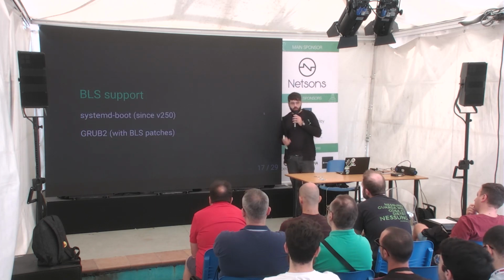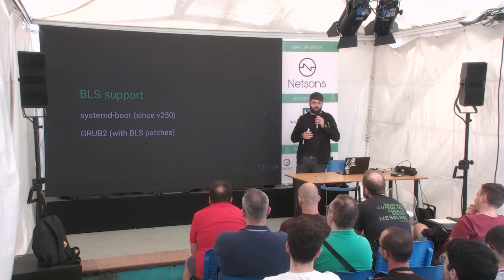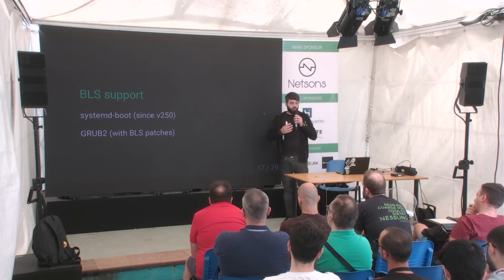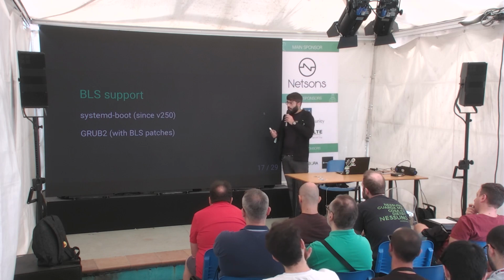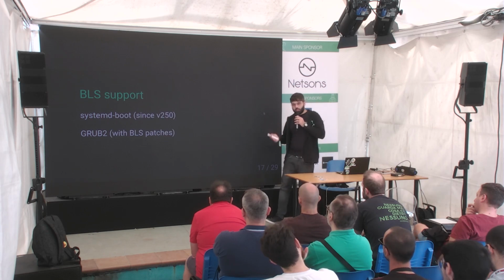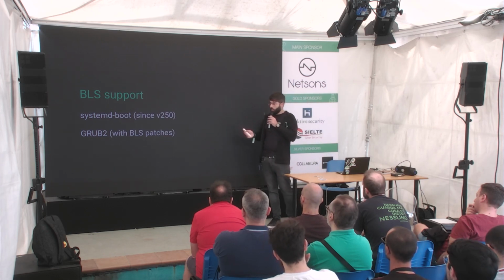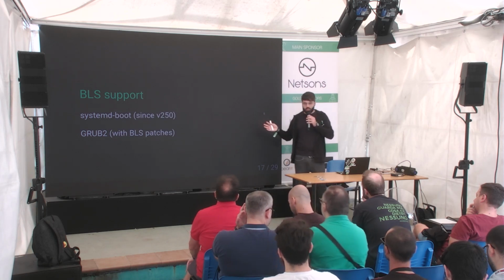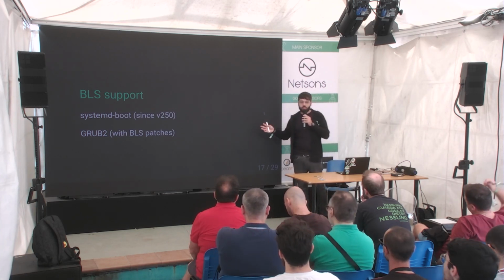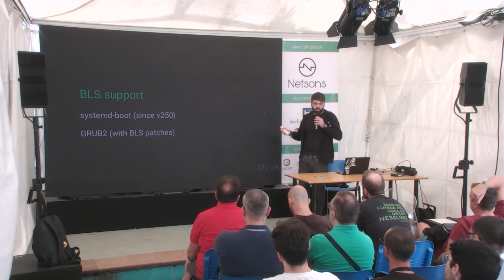Okay, we talked about bootloader support, but why are we not seeing it on our computers? Well, it's not really supported yet by GRUB, because GRUB2 has some patches that support it, but the patches are not upstream yet. Basically, there is a fork there.